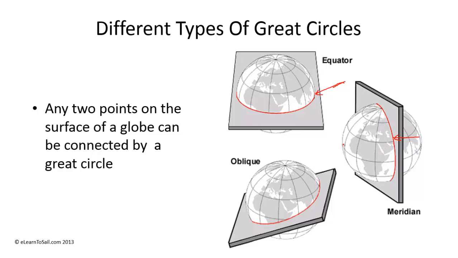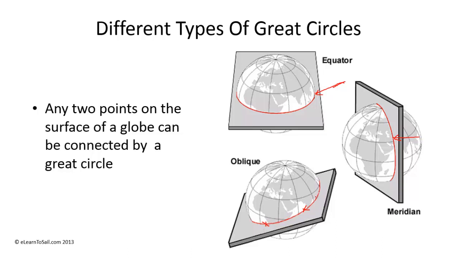But the third great circle, and the one that is most important to us, is that any 2 points on the surface of the Earth can be connected in a great circle. So if we have one point right here and we have another point down here, you can create a great circle that goes through both of these 2 points.